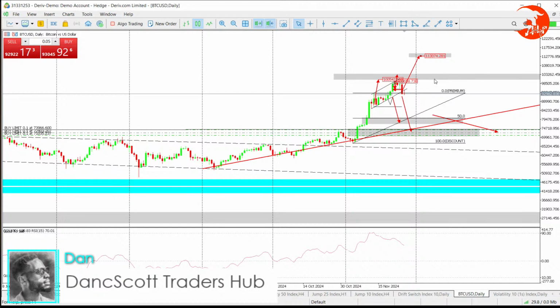But from what we've just seen, there's another liquidity level on the daily time frame, and now we have our high around that level there. So it means this level is also possible to come to.